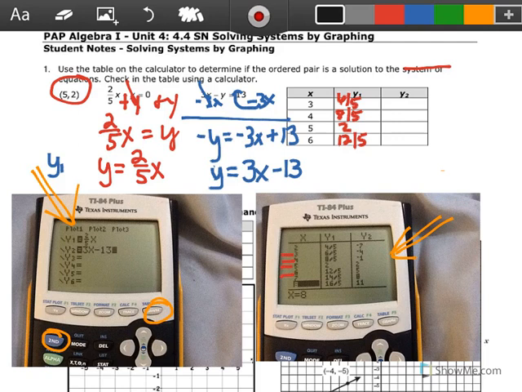And for the other one, we have -4, -1, 2, and 5. I'm just taking these values from the table, and we can see right here where x is 5, y is 2 for both equations, so indeed it is a solution.